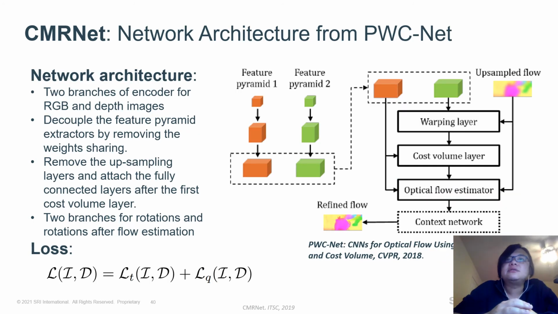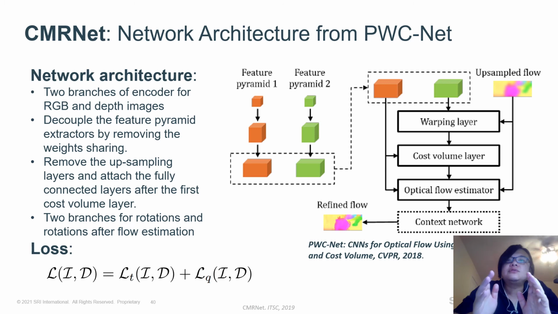Then they use the network architecture from PWC-Net for their application. PWC-Net is a famous network architecture for optical flow estimation. Basically, it trains different network layers to replace the traditional optical flow estimation pipeline.